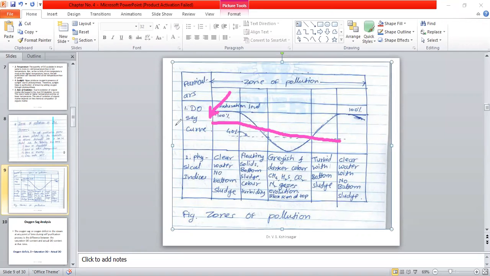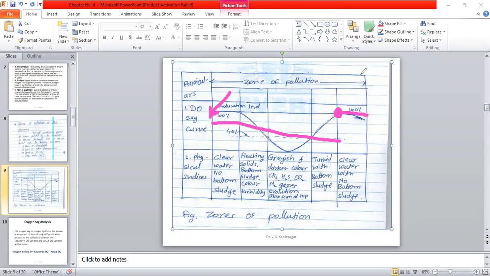Before that point the life of the river was different, and that state is achieved again here. From this point we have the zone of clear water. One cannot say there is danger for aquatic plants or animals, because the dissolved oxygen level has risen again to the saturation level.